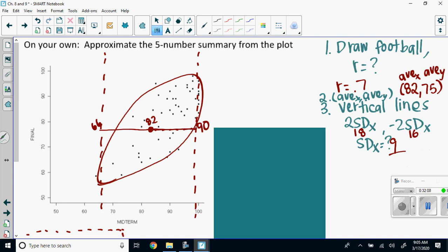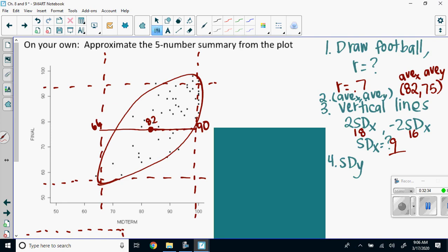And then I'm going to do the same thing for SD of y. I'm going to go this horizontal distance. You'll notice those 4 dashed lines make a square. Really, they should. Well, a rectangle. Sometimes it's a square, sometimes it's just a rectangle. The distance this way.